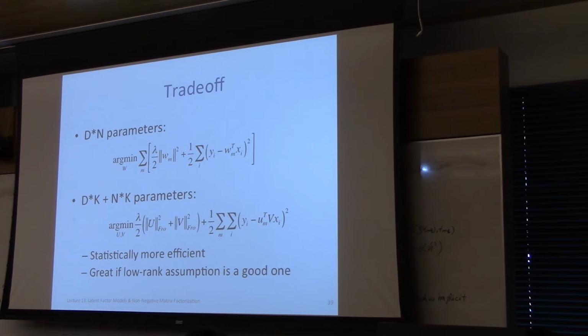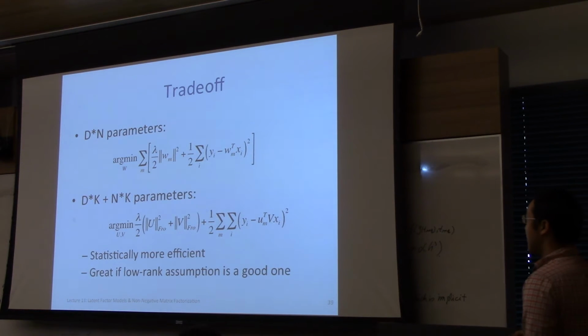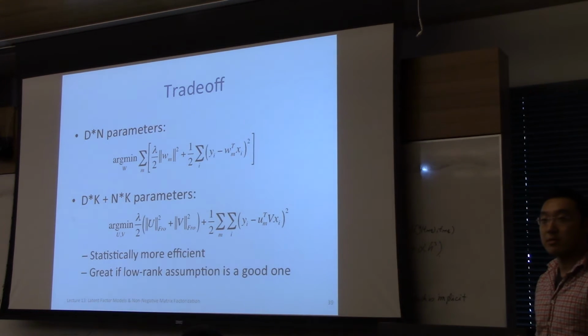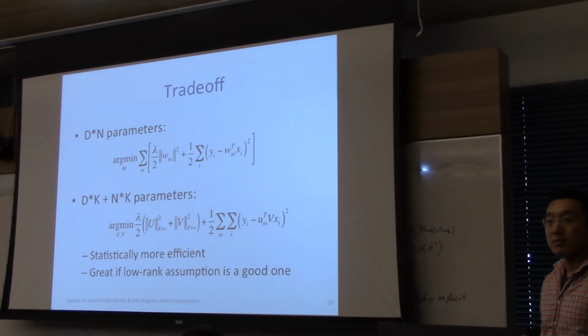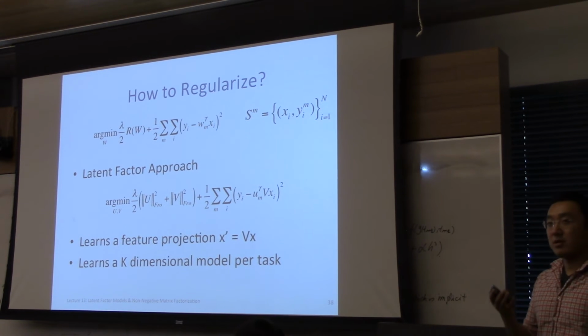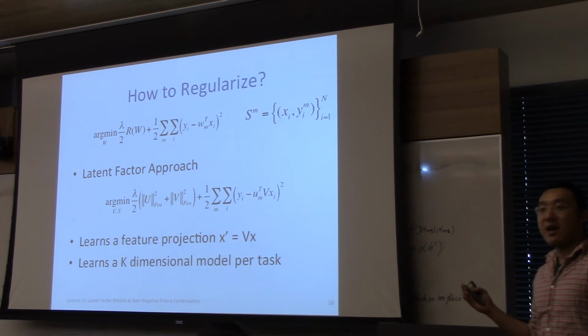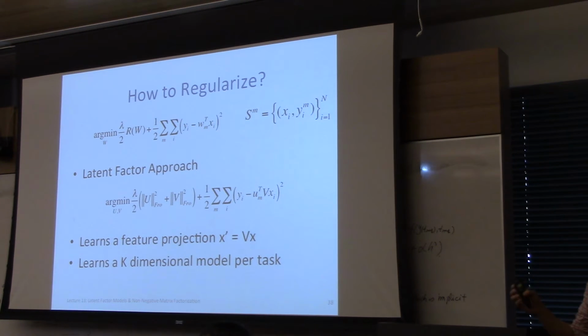Did you have a question? Yeah, I'm trying to remember, don't the trace norm and the Frobenius norm have the same value? No. I thought that if you do a cyclic permutation of matrices, right, they do. The trace of ABC is equal to the trace of BCA, but the trace norm and Frobenius norm take the trace of different things.